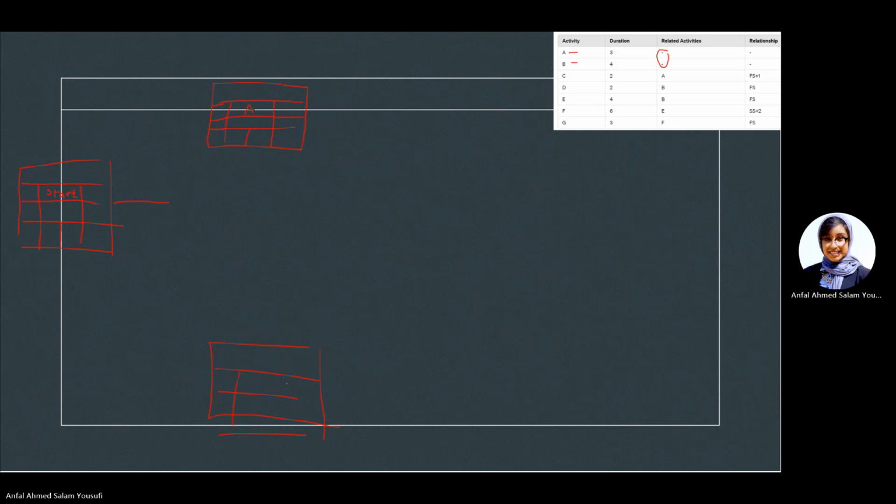So my B is in here. So as you guys can see, both of them are not having any relation, meaning they are both going to go from start to these two activities. Let's see what is the duration for A. The duration for A is 3 days. The duration for B is 4 days.